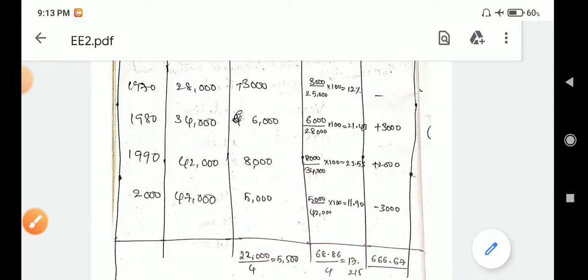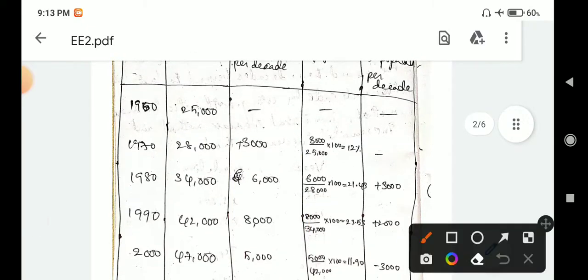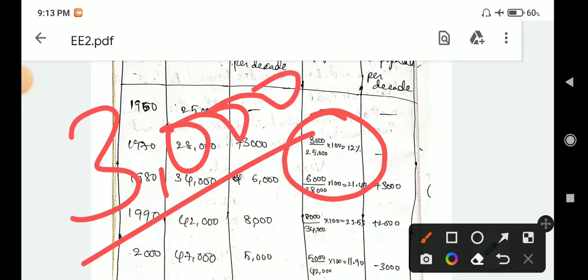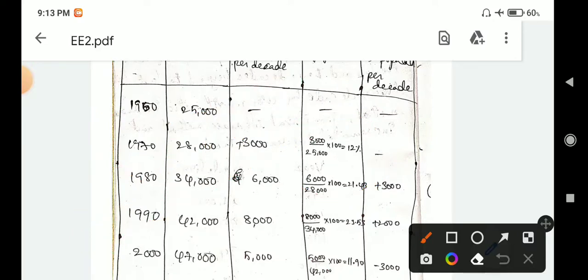This is percentage. Percentage means 3,000 by 25,000 into 100, then you get 12%.